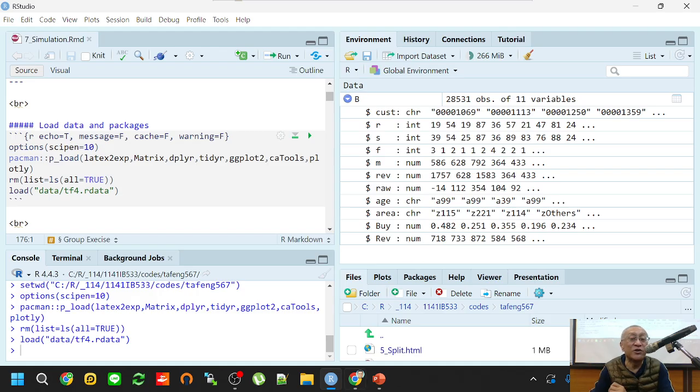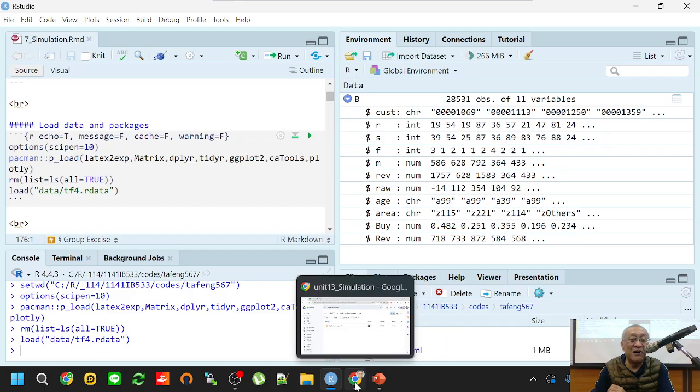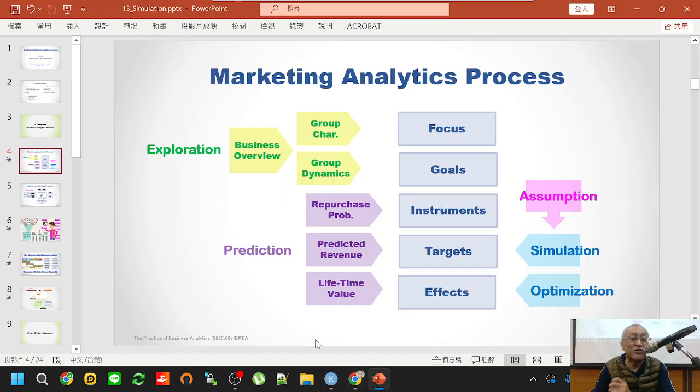That is prediction. But the prediction is not what we want to do, right? What we really want to do is design and choose the marketing instrument, right? For each of these marketing instruments, we want to choose who to apply it to, right?